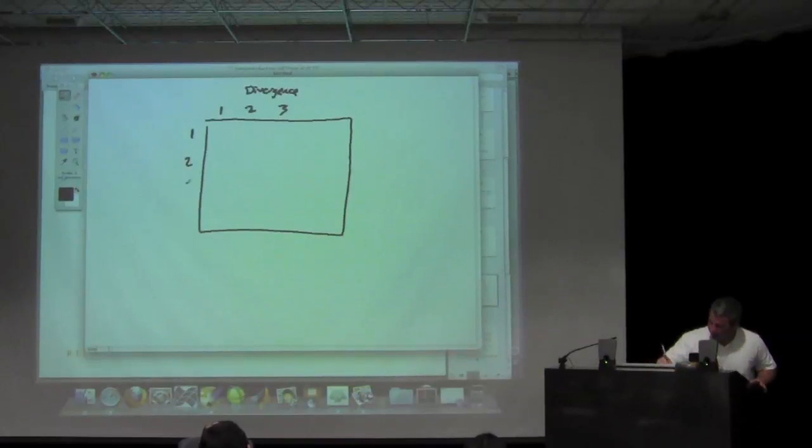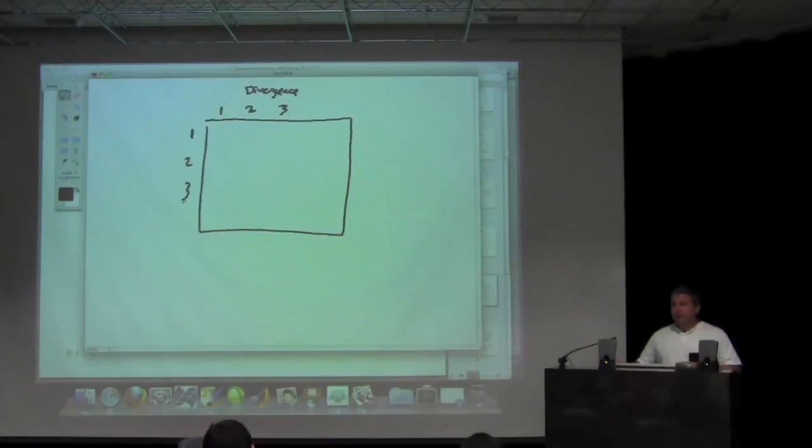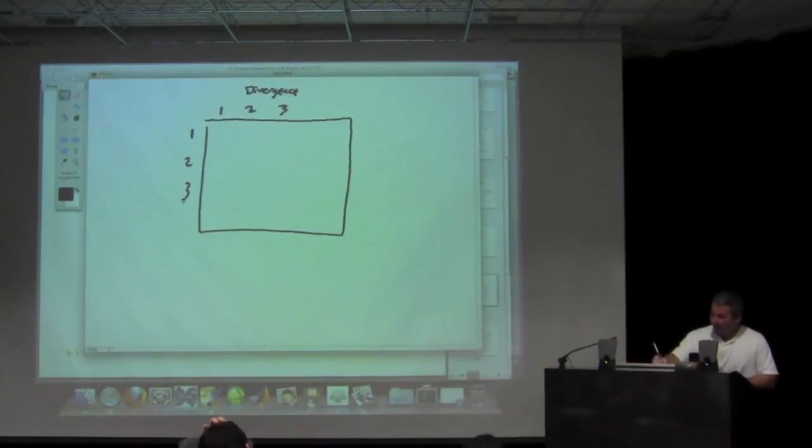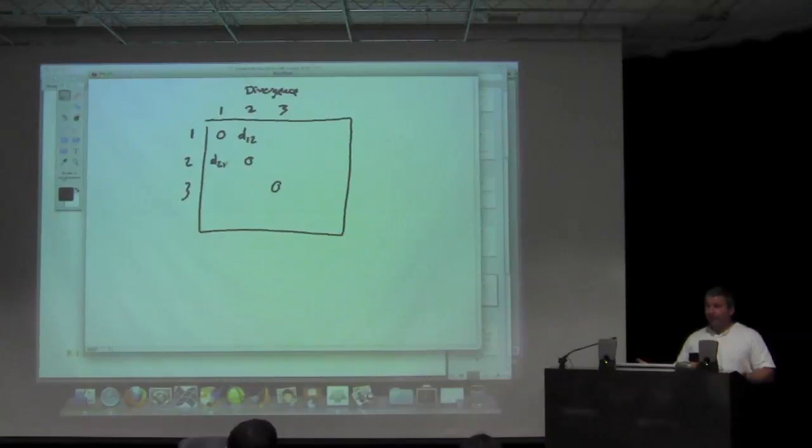So let's just put 3 in here. What would the divergence between band 1 and itself be? Same PDF. You're going to have zeros on the major diagonal here. And then the divergence between band 1 and band 2 is going to be some number, d sub 1,2, and between band 2 and band 1 is going to be d sub 2,1, and they're going to be the same. So you're going to have a symmetric matrix.